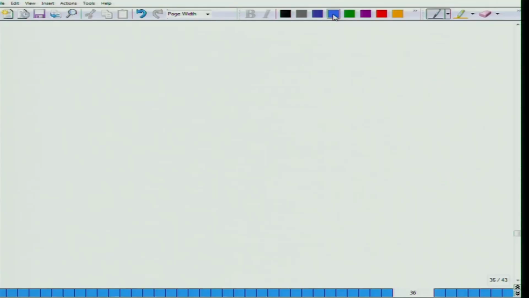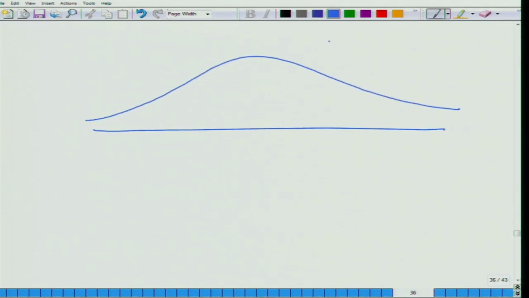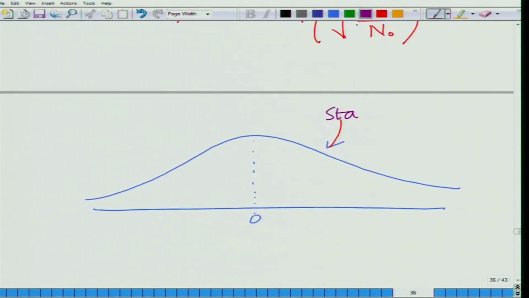So, remember Q of u. What is Q of u? This is the standard Gaussian random variable, that is, mean equal to 0, variance equal to 1.